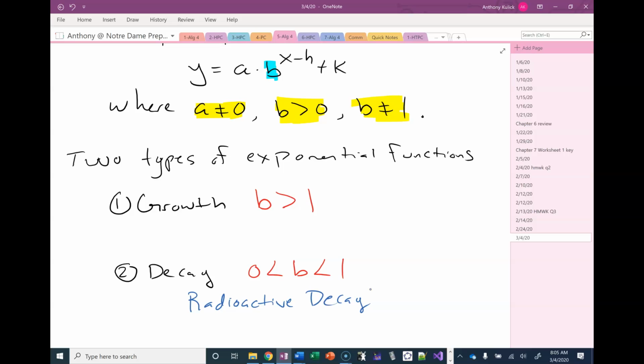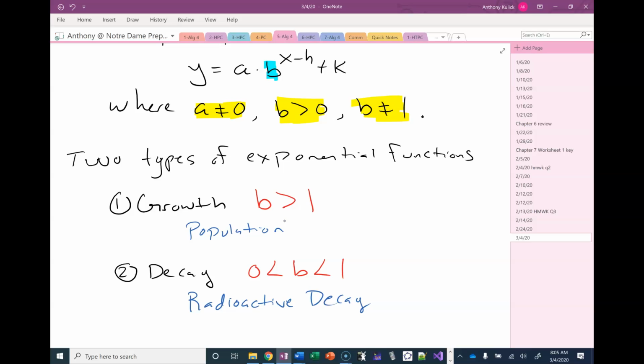So populations tend to grow exponentially. If you are culturing a bacteria, the amount of bacterial cells in your culture would grow exponentially, at least up to a point where you've run out of resources or whatever. Like if it fills up your plate that you're doing your bacterial culture on.